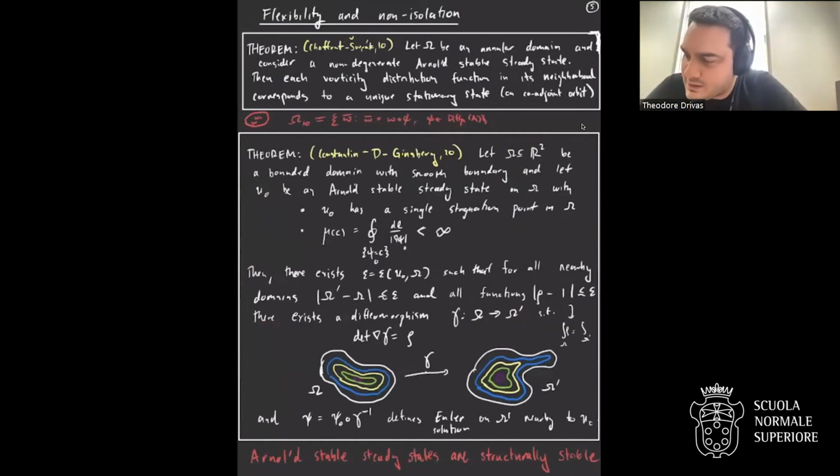Prior to addressing that question, let me say that there's a very nice paper by Chauffroux and Schwerak where they study this question of flexibility of stable solutions without changing the domain.